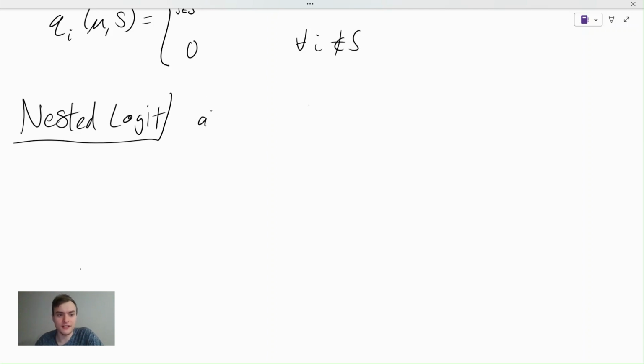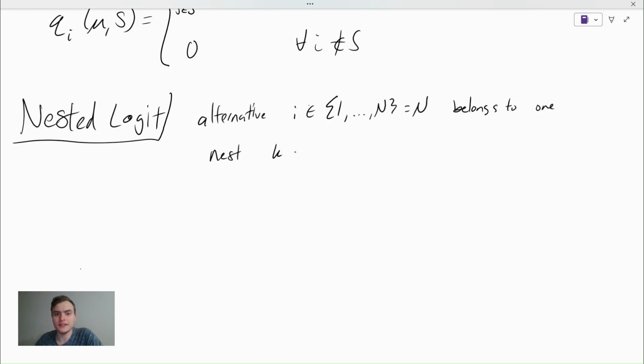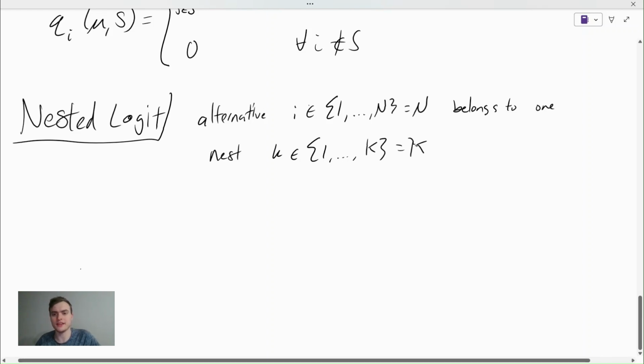So let's say alternative I, which we said was between 1 and big N, and we denoted that set as big N, belongs to one nest little k, which is between 1 and big K, or we could just call this set big K, or maybe we give it a curly K.